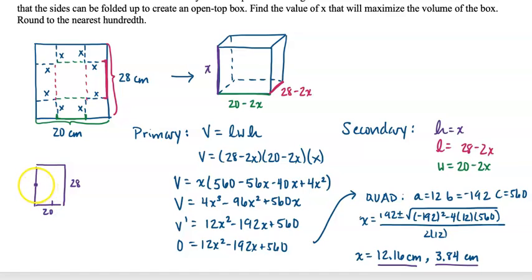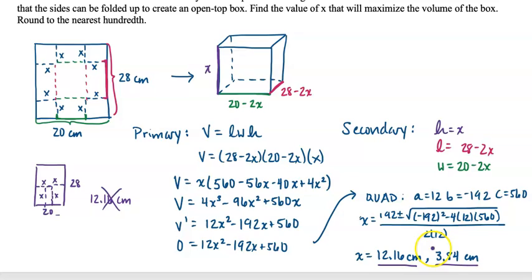If I take away a box that's over 12 centimeters by 12 centimeters, I'm taking this box of length x and width x, and I'm also trying to take away this other box of width x and length x. Because 12.16 is more than half of the length of this, I can determine that 12.16 centimeters would make no sense. We would have a negative amount of cardboard.